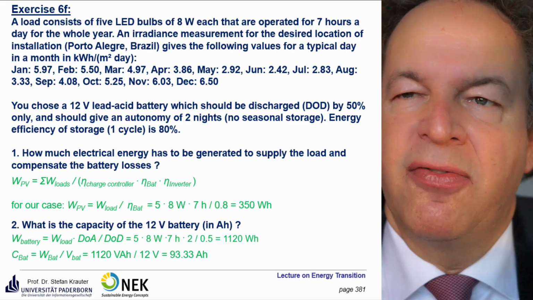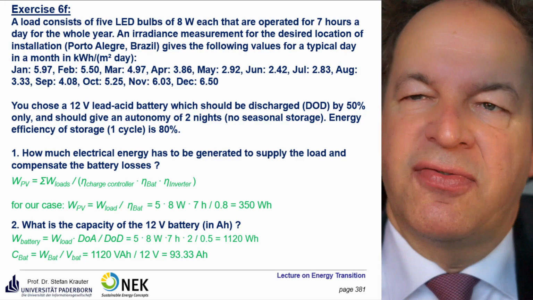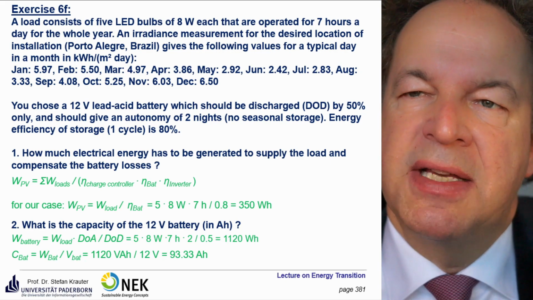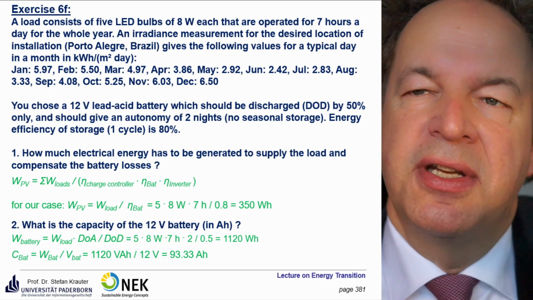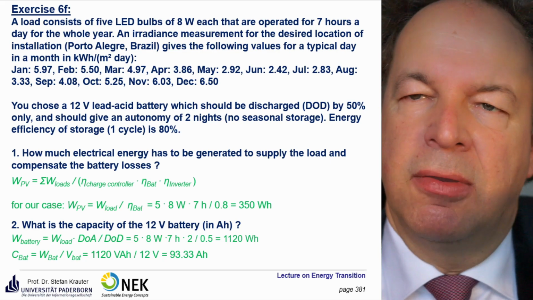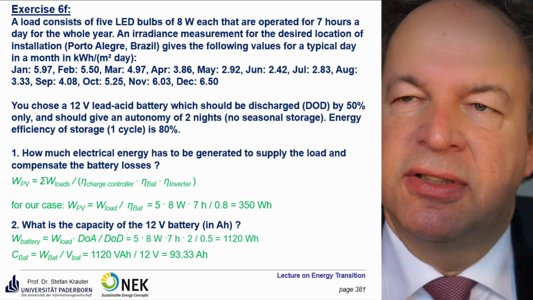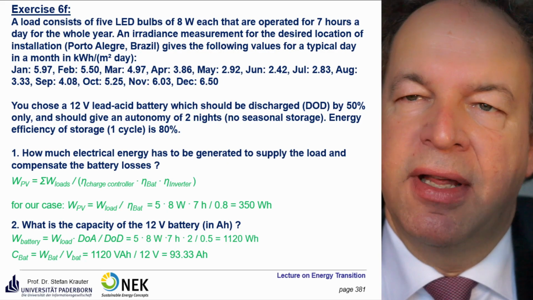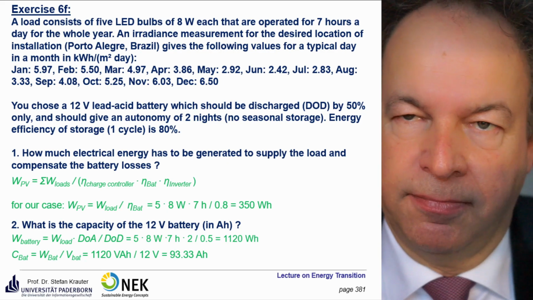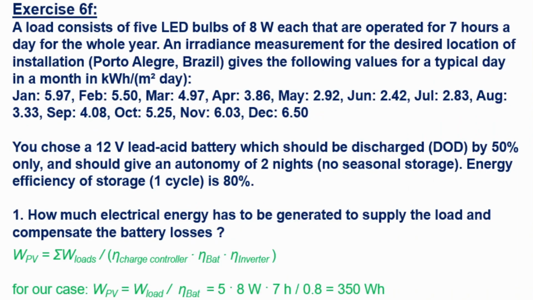If you discharge by 50% only, it may last for 3 years or so, or even 4 years. It depends on the type of battery you have, and you have to take this data from the data sheet or measure on your own. But a good rule of thumb is that you discharge a lead-acid battery, or stationary lead-acid battery, by 50% only.